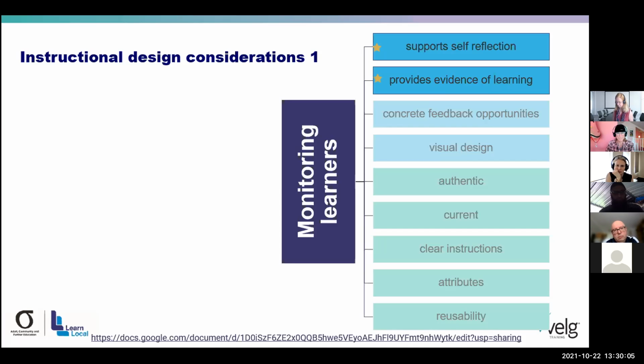We're going to try and build those benchmarks today, and then next week we'll talk about feedback and visual design, and then in the last session we'll talk about the authenticity and currency of what we're doing, which comes back a little bit to your point, Ali, about moving away from correct or authentic information that we might provide. We'll talk a bit about attributing resources that we might use from other people, and something we've talked about even when I was in the sector, the whole process of usability of resources and how we share them across the sector.